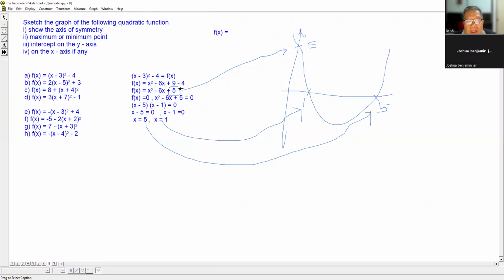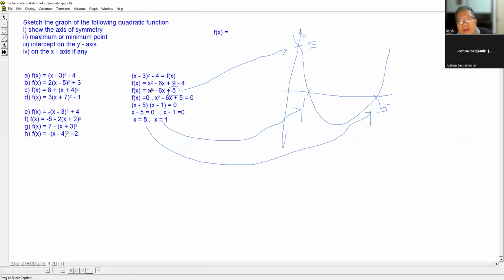What is the value of c? Positive 5, not 5, positive 5. So what is the value of a here? You cannot see any number there. 1. Yes, positive 1.